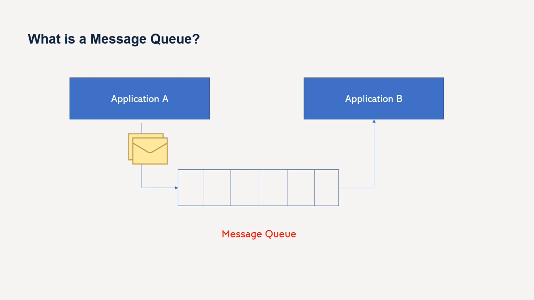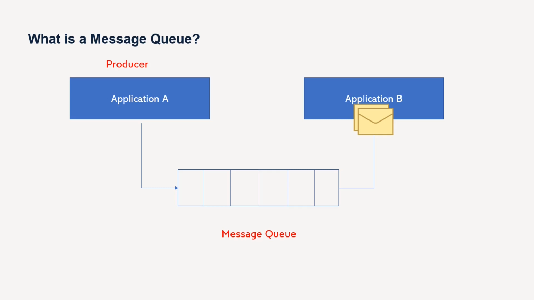So application A will send the message to the message queue, and then the message queue is going to send the message to application B. Now application A is not waiting for a response. That's how the system works, right?